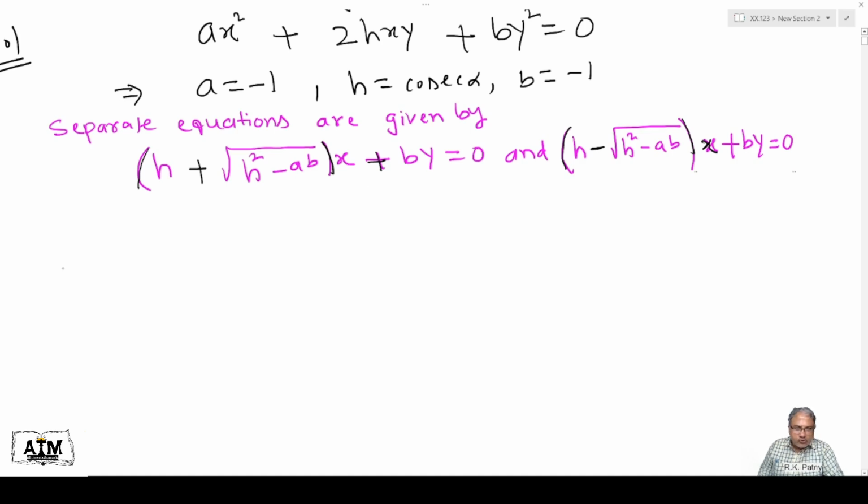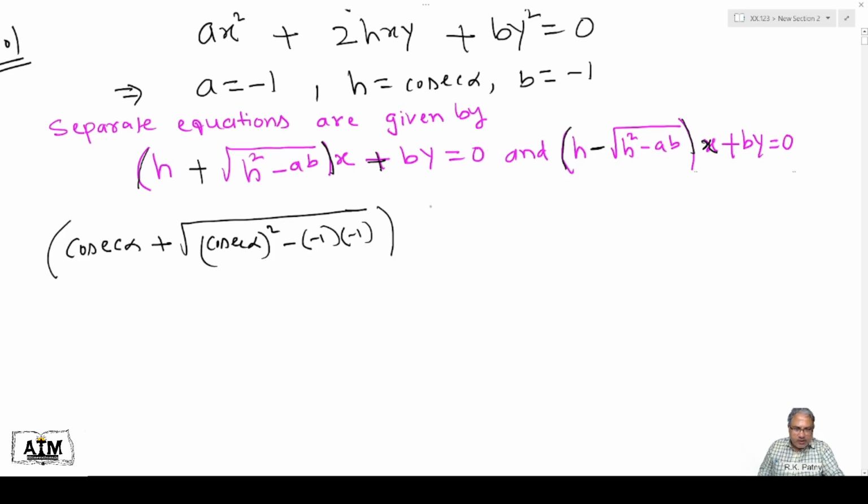So h value is cosec alpha. So let me write here cosec alpha plus under root of h square, that is cosec alpha whole square, minus a value minus 1, b value minus 1. This entire thing multiplied to x plus by, that is b, nothing but minus 1 into y equals to 0.